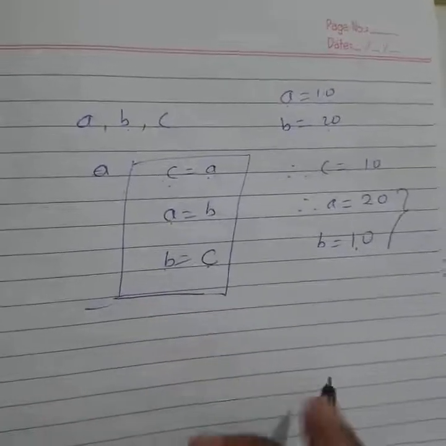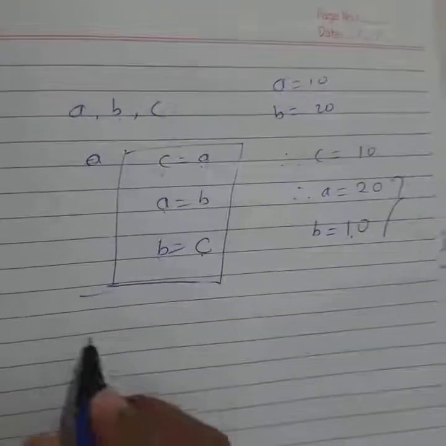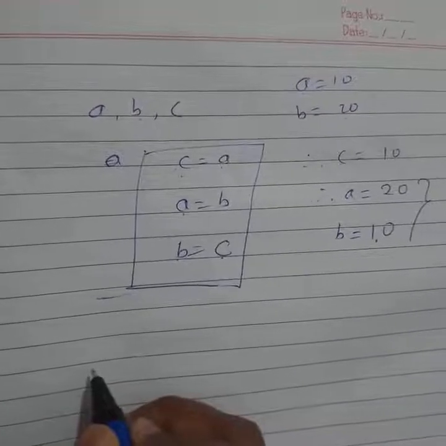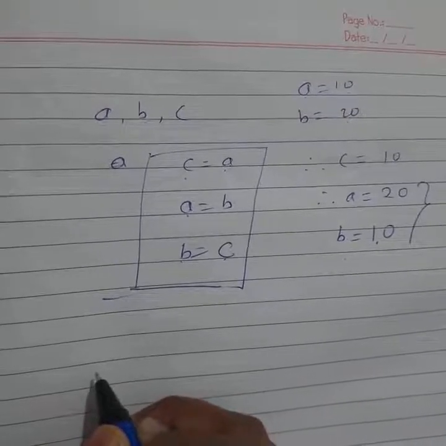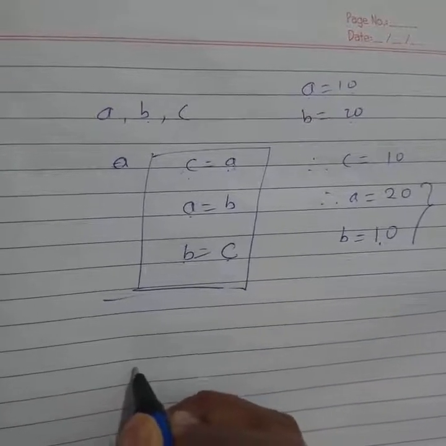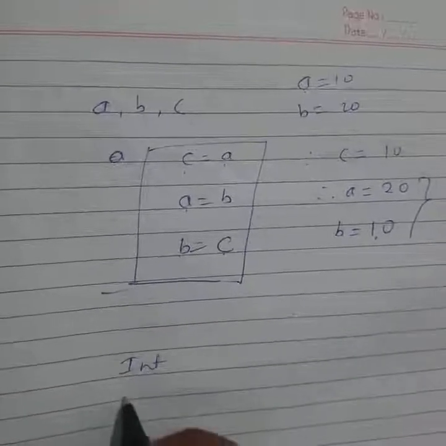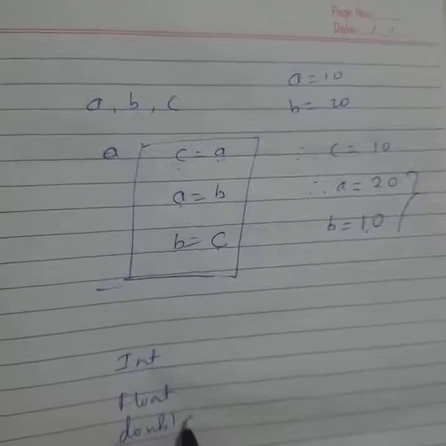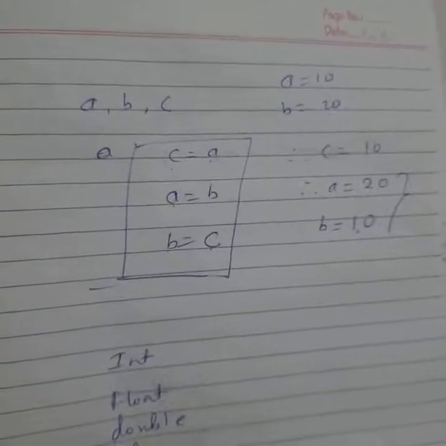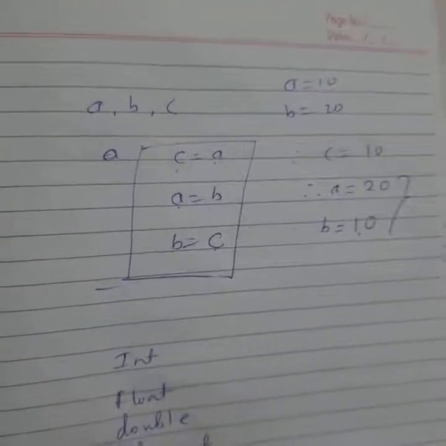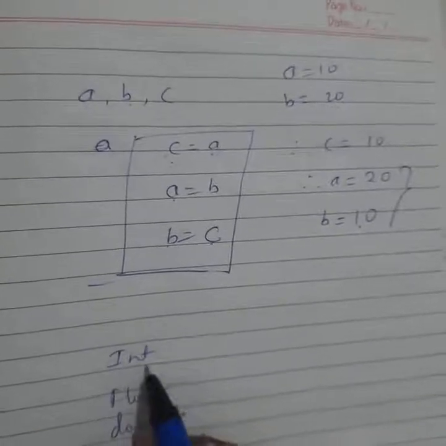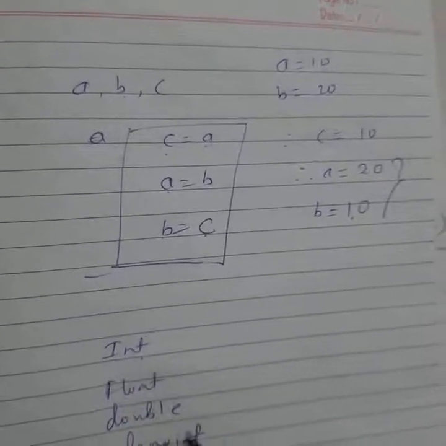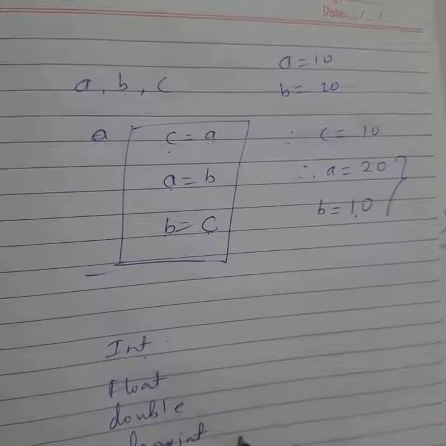After that, I will also tell you the logic of the size, how to find the size of data types. In the program I will take integer, float, double, or long integer. Long integer is also a data type, because the size of integer is 2 or 4 bytes and long integer size is 8 bytes.